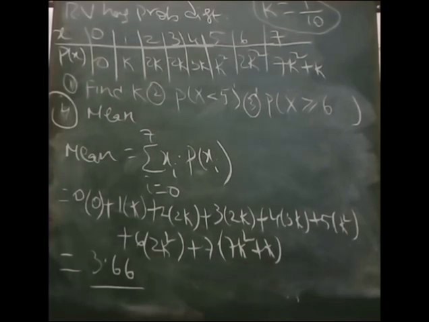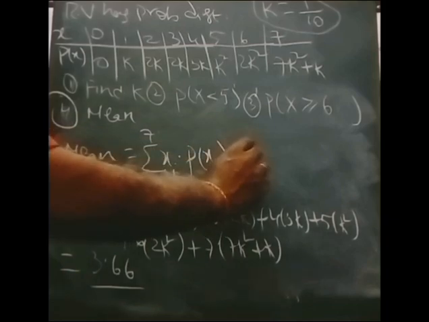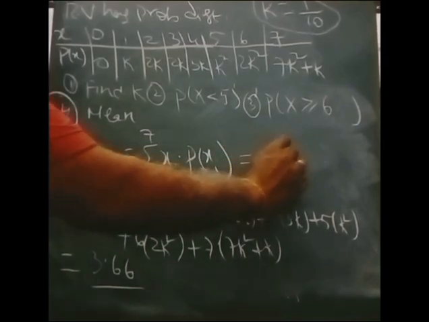And by determining the mean, here one thing we need to remember is that the mean of a discrete random variable is always denoted by the symbol mu.